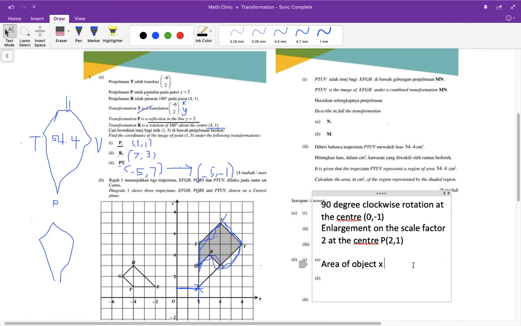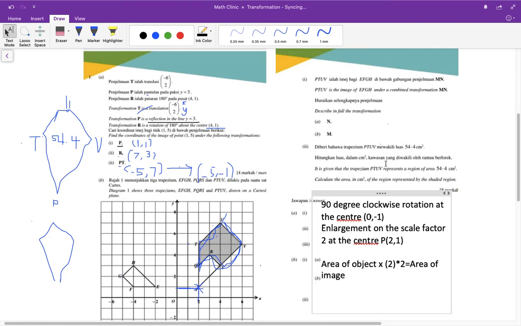But the thing you know is, no, that's not the square root, it's the square of the scale factor. Okay, the square of the scale factor, and then you get the area of image.